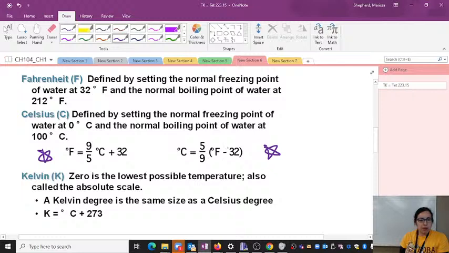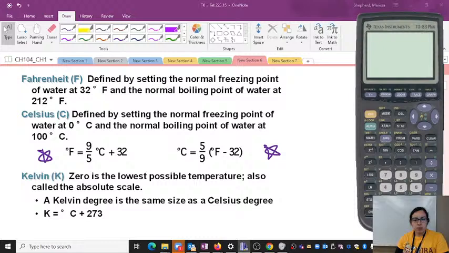And then, rearranging that to solve for Celsius, temperature in Celsius is equal to 5/9 times, and you'd have to do your subtraction first, whatever your temperature in Fahrenheit is minus 32, do that, and then multiply by 5/9. You might see this same formula with the decimal equivalent of 9/5, so you might see 1.8 instead.